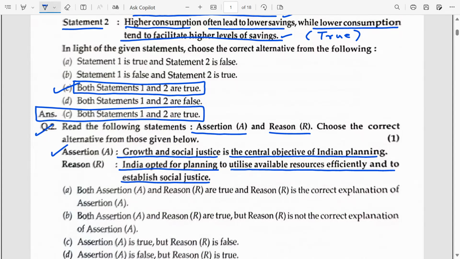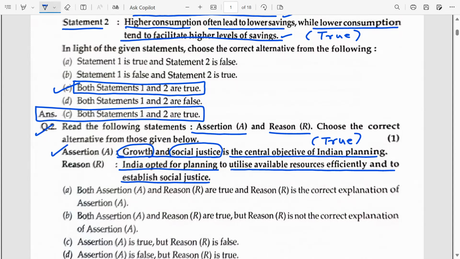This topic comes from the government budget. You can clearly see that when India adopted planning in 1951, when we started with the 5-year plans, growth of the Indian economy and achieving social justice were obviously central objectives of Indian planning. So my assertion is true.